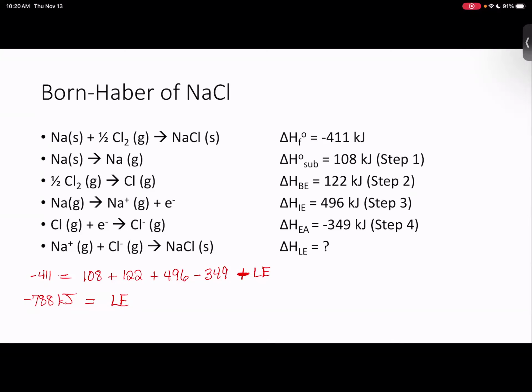It should have been just the delta H of sublimation. Because remember what the naught stands for. It stands for elements in their standard state. So once we start getting into these reactions, we could say this is in its standard state, and yes, we could look up the delta H of formation. But these others would not have an enthalpy of formation. They would not have a standard state.